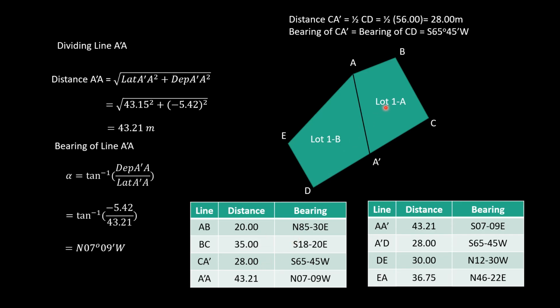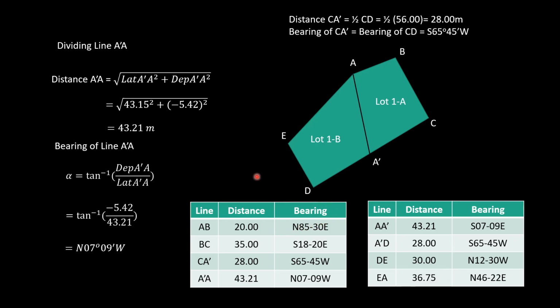For lot 1-A, we have the lines AB, BC, CA prime, and A prime A. And for lot 1-B, we have the sides A A prime, A prime D, DE, and EA. Observe that the bearing of A A prime is southeast, opposite to the bearing of line A prime A, which is northwest.